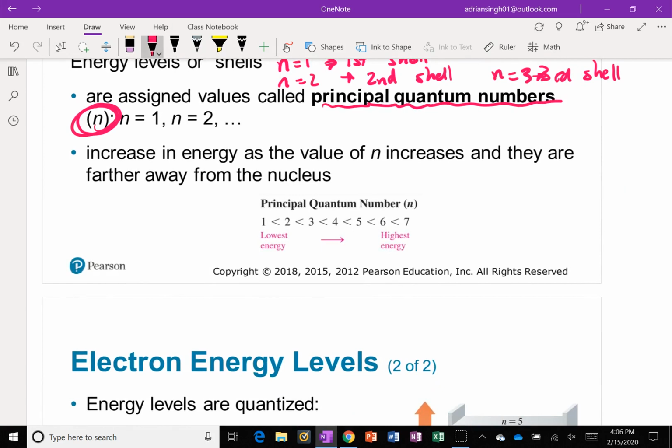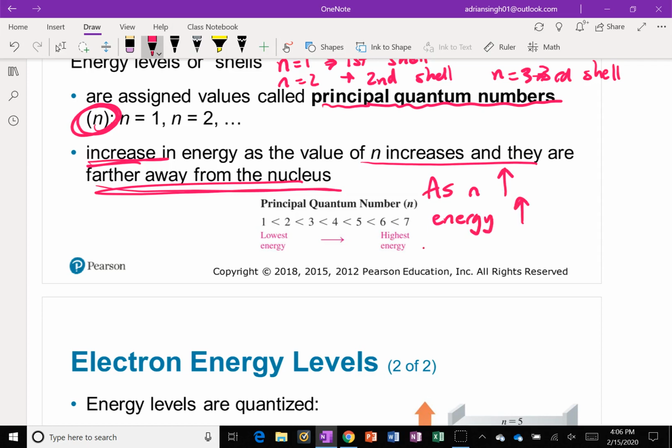Now, as the value of n goes up, the energy of that particular shell increases, and the distance from the nucleus increases as well. So we can say that as n increases, the energy also increases, and the distance from the nucleus also increases.